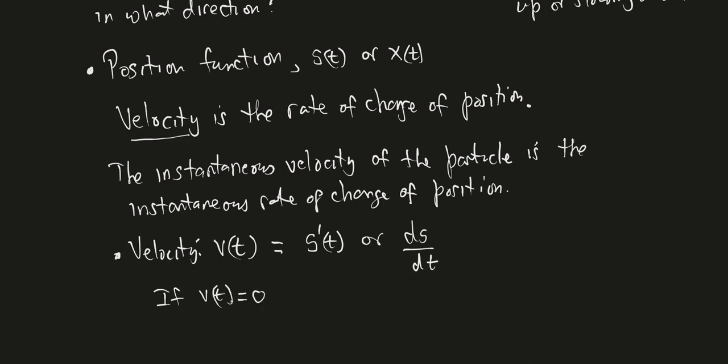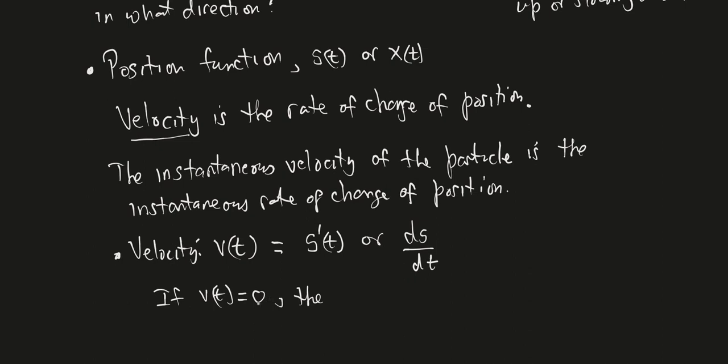so that means the rate of change is zero, so there is no change in the position at that time. If the rate of change is zero, this answers the question about when is the object at rest, right? So if the rate of change of position is zero, then the object is at instantaneous rest. So the object or particle, I keep using them interchangeably.